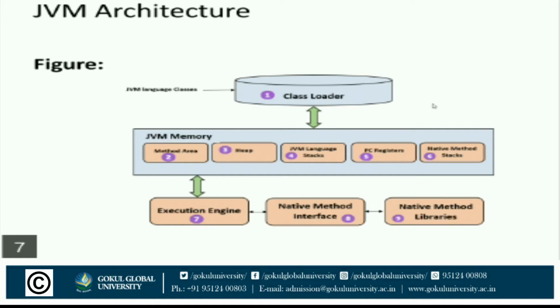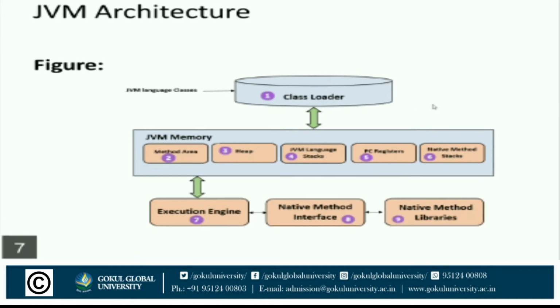The 5 contents are method area, heap, JVM language stacks, PC registers and native method stacks. These 5 contents are then connected with number 7, the execution engine. This execution engine is connected with the native method interface. Then this native method interface is connected with the native method libraries.